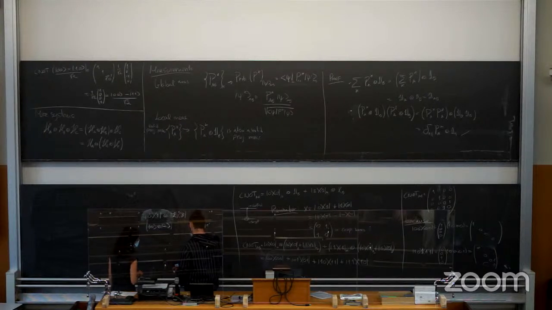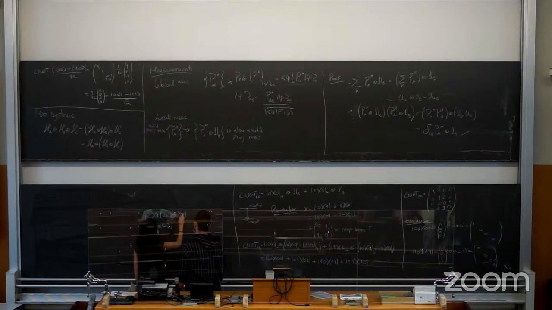I can do it explicitly now. I just write this explicitly. So what is this? Look, let's call these, I don't know, 1 and 0, so that they're both qubits. So this is this matrix, and this is this matrix, right?